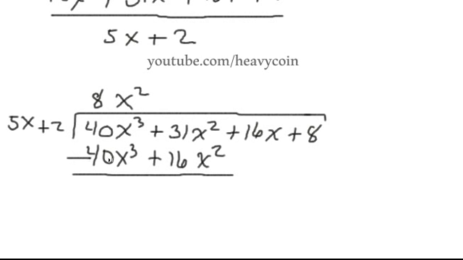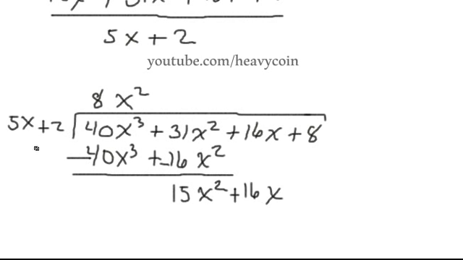And of course we take their difference, so then that becomes minus, so that's 0. And then this is a minus here. And so we end up with 31 minus 16, which is 15x squared. And I'm going to bring down this 16x here.